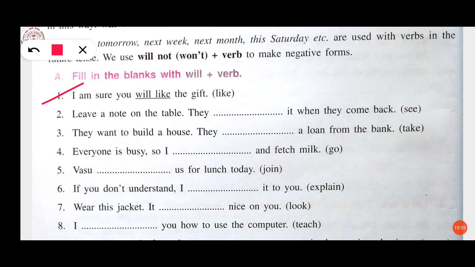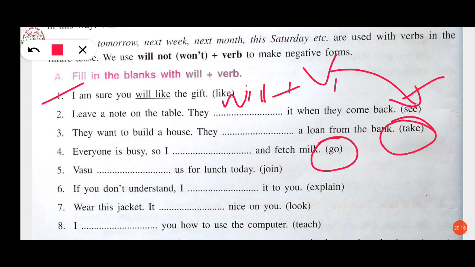Now we don't need to change over here, as we use simply the word given in the bracket, and just in future tense you have to add will with the verb. Whatever the verb is given in the bracket, just you have to add will. Like here take is given, will take, and here go is given, it means so I will go.